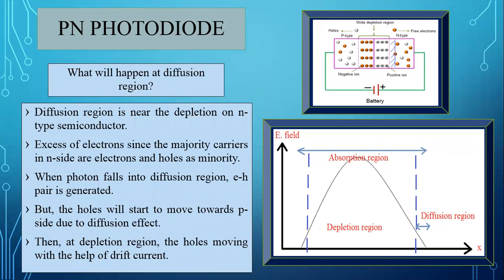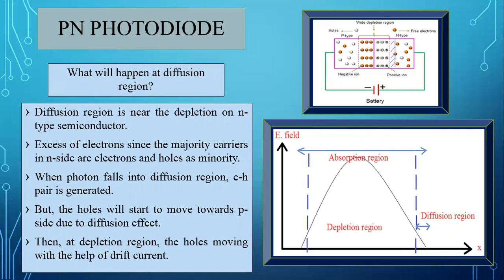So now I will explain what happens at the diffusion region. As you can see from this graph, the diffusion region is only a small region in the overall absorption region, at the N-type semiconductor, which is only this part. In this N-type semiconductor, we know that electrons are the majority carriers while holes become the minority carriers.